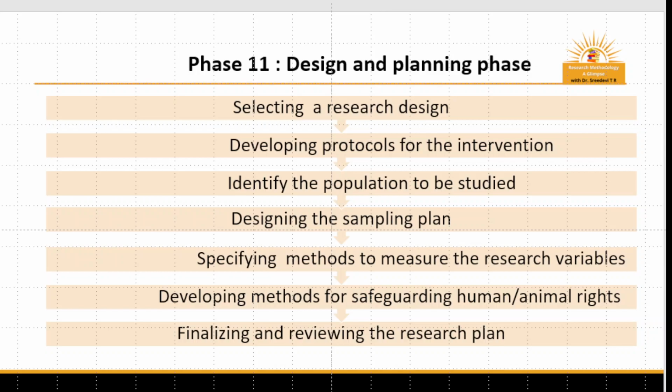Like experimental, non-experimental design, whether it is a descriptive survey one, what controls will be used to minimize bias. All these enhance the interpretability of the results. So it is a plan for data collection, measurement, and analysis.